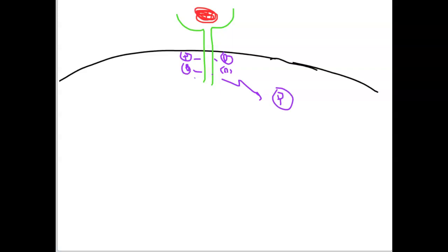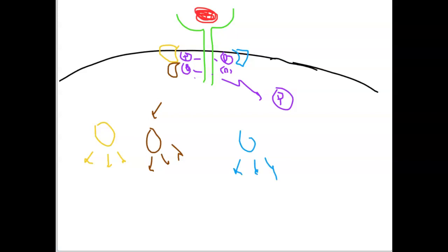Or more commonly, we have new enzymes that are recruited to this phosphorylated form of the receptor, and these new enzymes then become active, and they may float off as kinases in their own right and phosphorylate target proteins in the cell. That's more common and happens more readily.